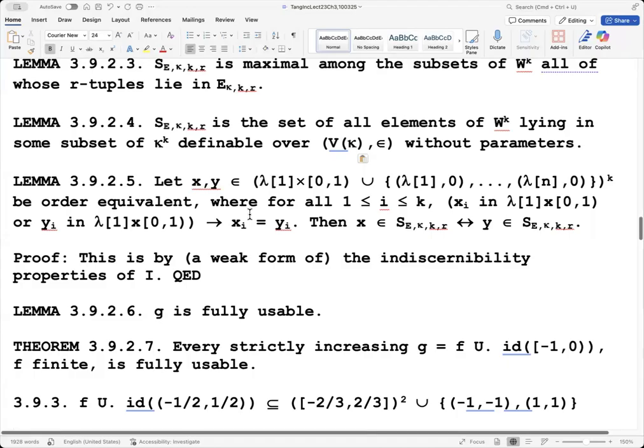The domain of the structure is capital W, my space, and it has this set here as a k-ary relation in the structure, and then it has all these constants for these indiscernibles. And it has less than star as a binary relation in the structure. That's important.